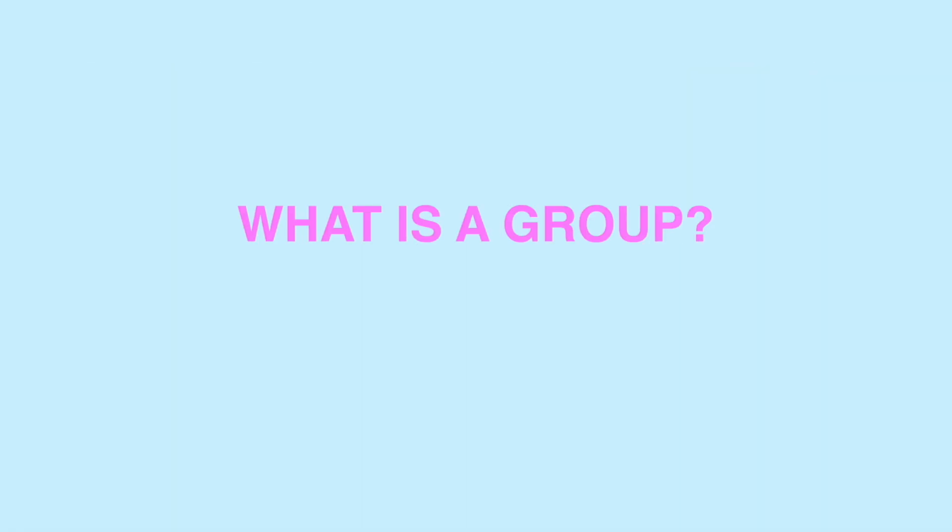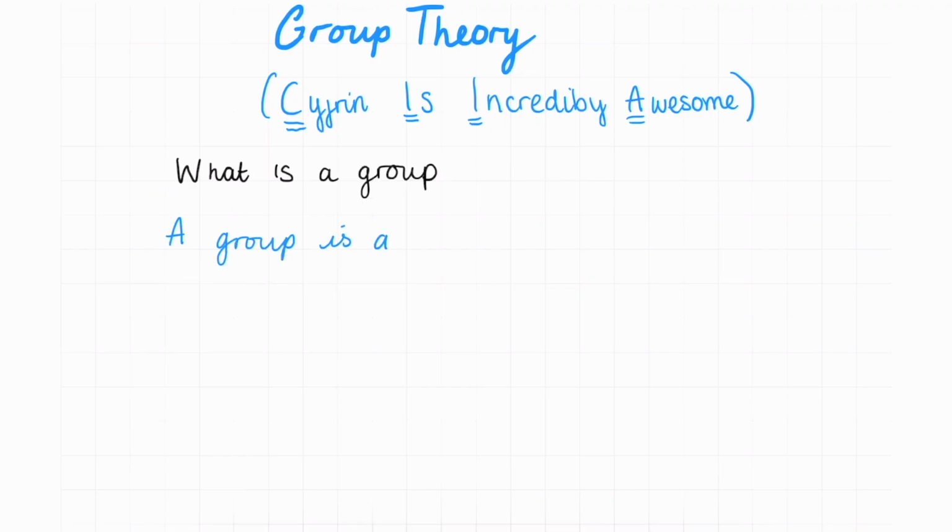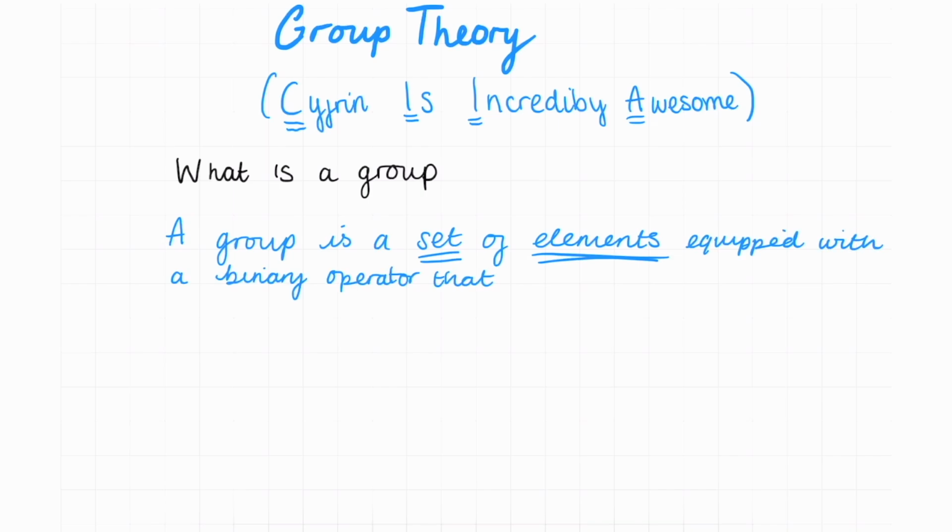What actually is a group? Now, I'm going to write this out for you, but you will not know what this sentence means the first time that I write it or say it. A group is a set, I remember we've learned about this word set before, of elements. So if you do not know what these words mean, then I encourage you to go watch the video on set theory linked below, equipped with a binary operator that satisfies the following properties.